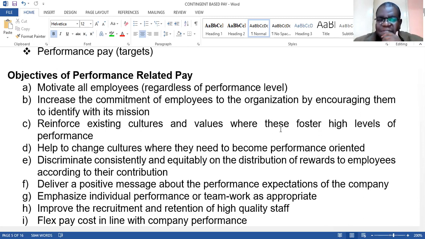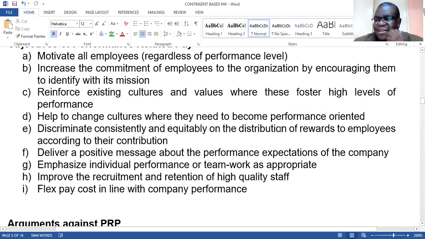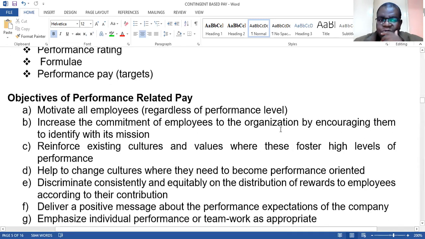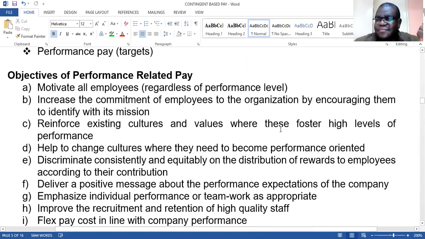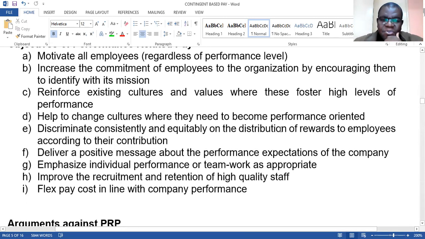So what are the objectives of having a performance-related pay scheme? You will motivate staff. The high performers are driven because they know they will be rewarded. You will enhance the commitment levels of staff. They will identify more with the organization and be committed towards the organization and its mission if they know they will be rewarded sufficiently.